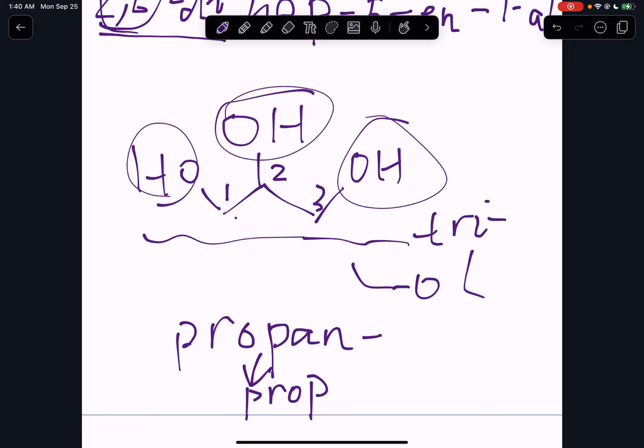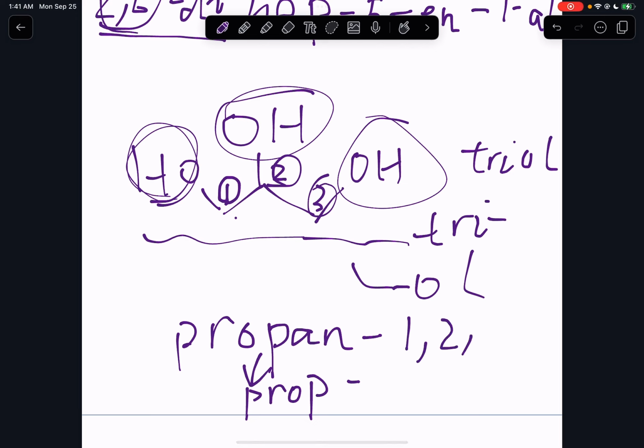Tri is the thing that we need to use in this case. So when you bond together, tri-OL. So this OH appears on 1, 2, and 3. So in this case, propane-1,2,3 dash triol.